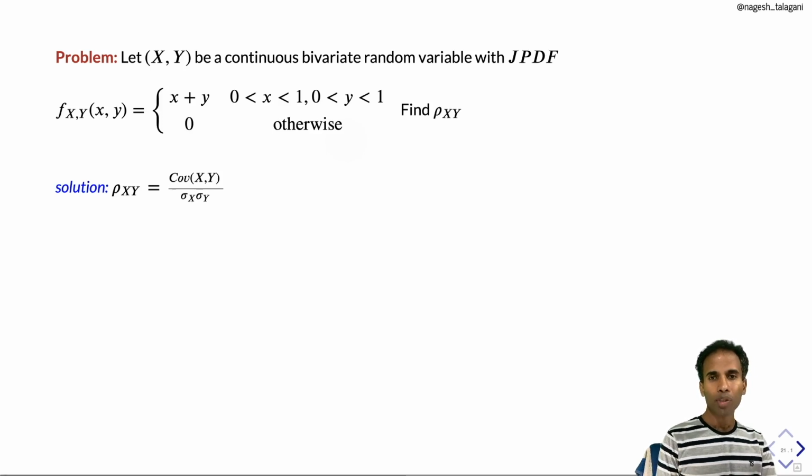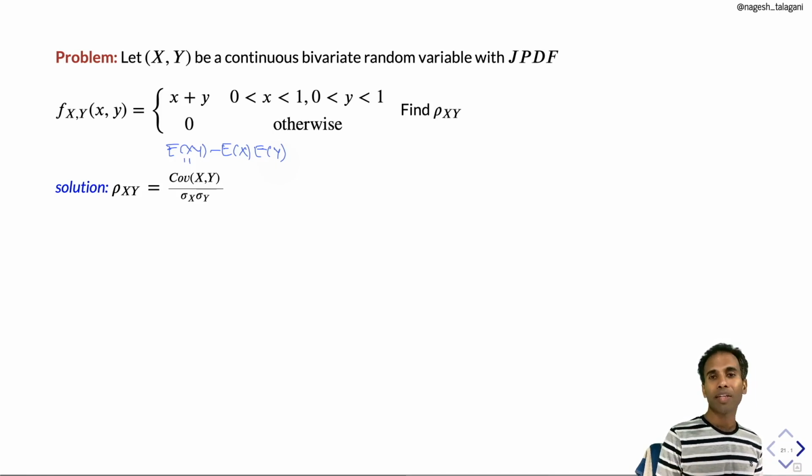To compute covariance of xy, we have the formula expectation xy minus expectation x times expectation y. So we need expectation xy, which can be computed using the joint PDF, and we need expectation of x, expectation of y, and the standard deviations of x and y.